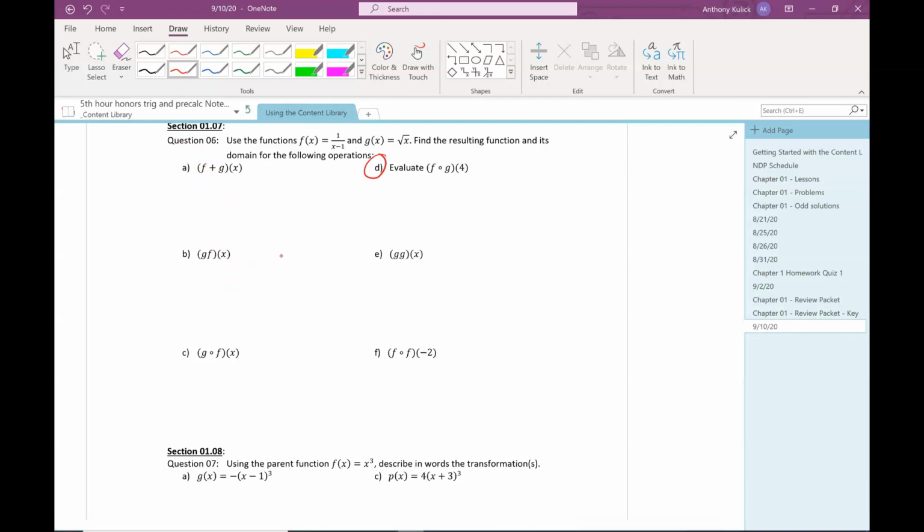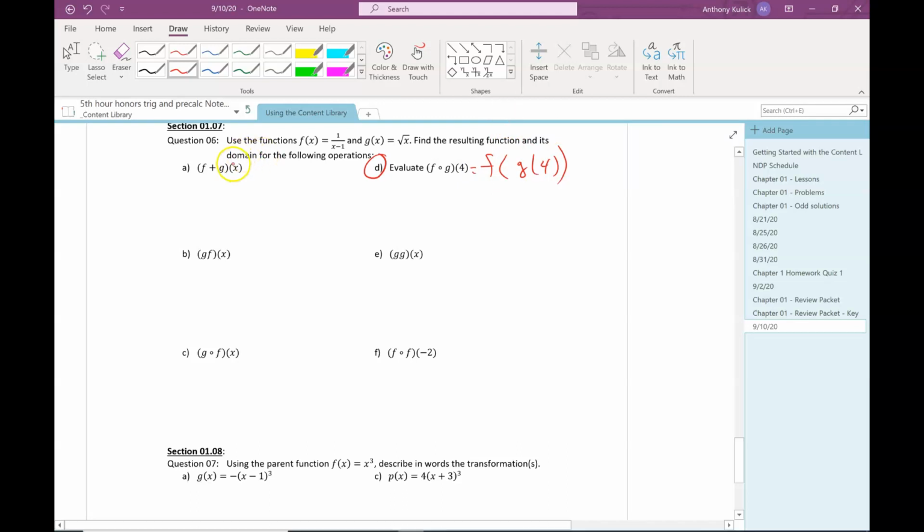The composition is a little bit trickier, but not so bad even in this situation. So this is the same thing as f of g of 4. One way you could attack this would be to compute g of 4 right now and just plug whatever that number is into f, and then compute the value for f.